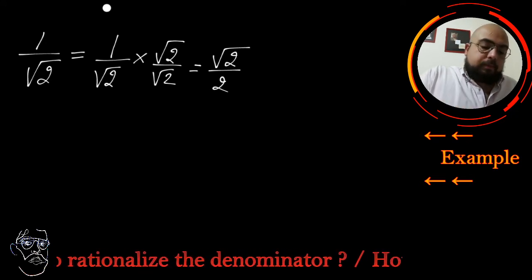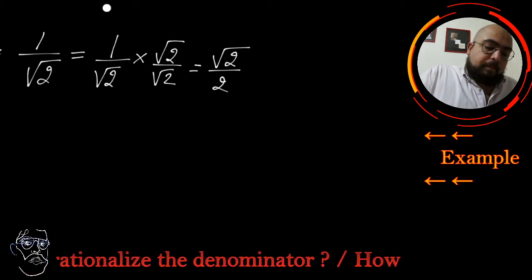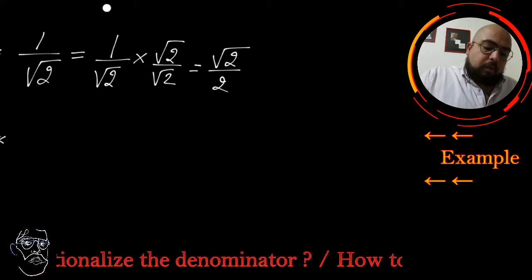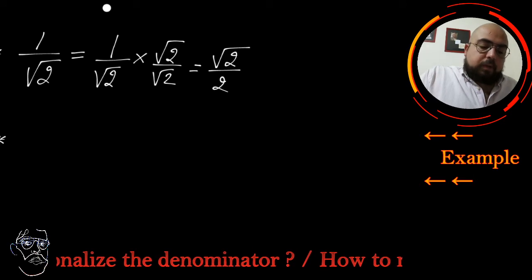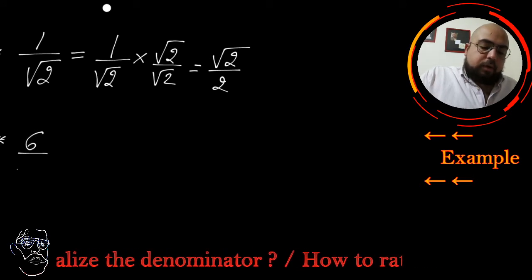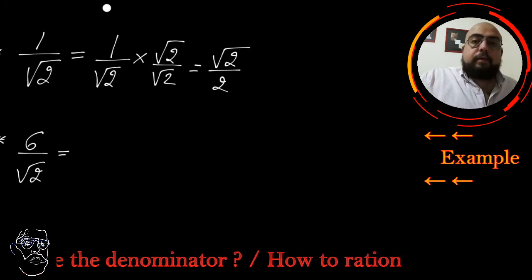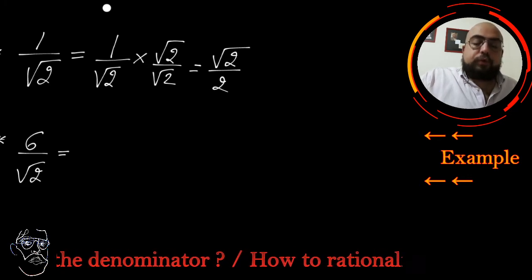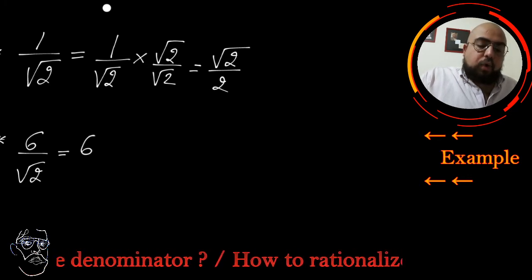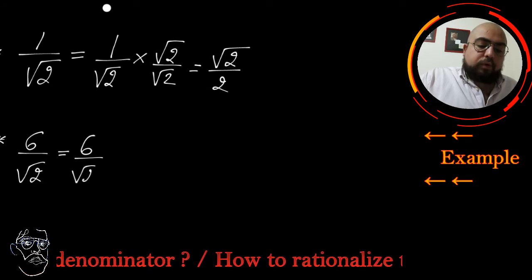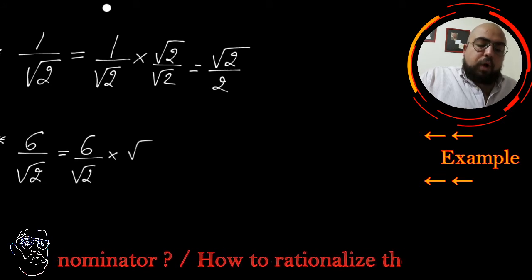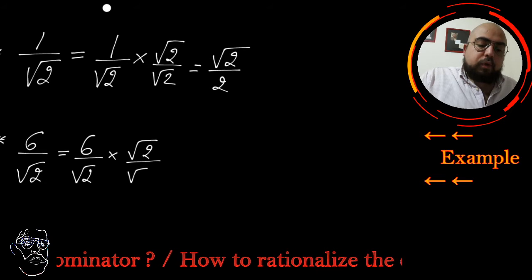Second example. What about 6 over square root of 2? Again, we have at the denominator a square root of 2. I can say it's 6 over square root of 2 times square root of 2 over square root of 2.